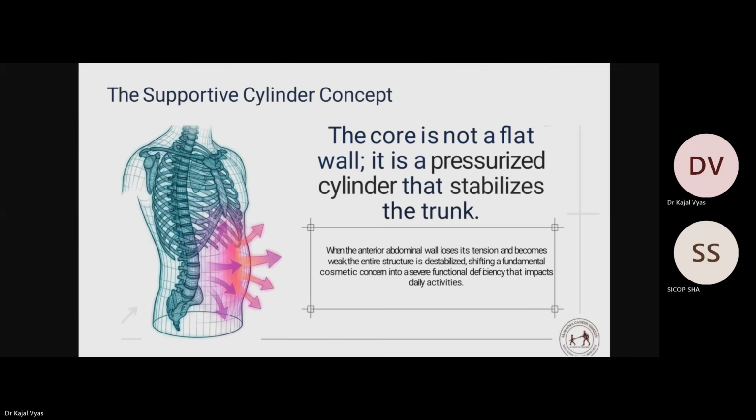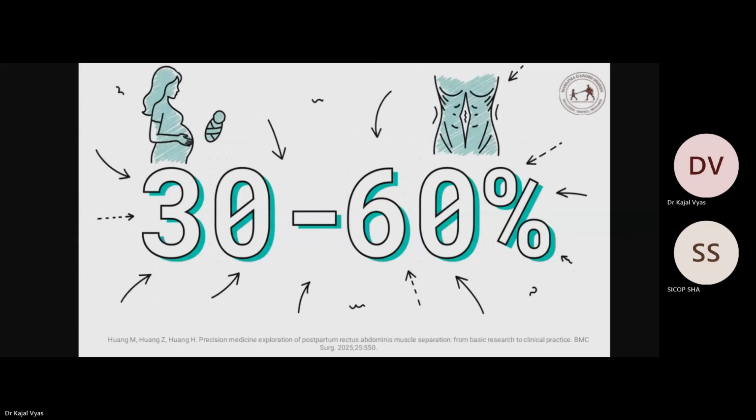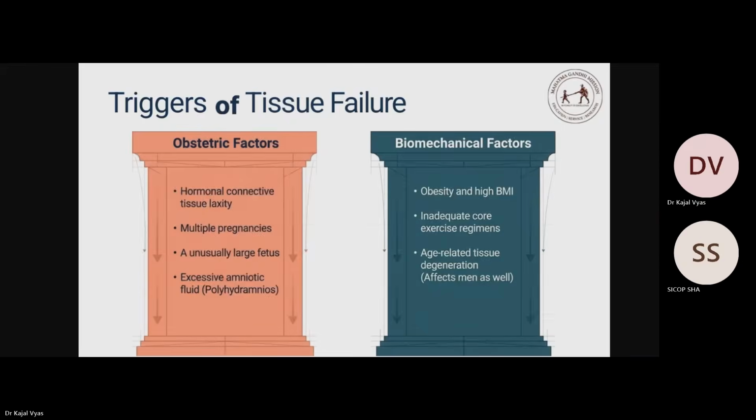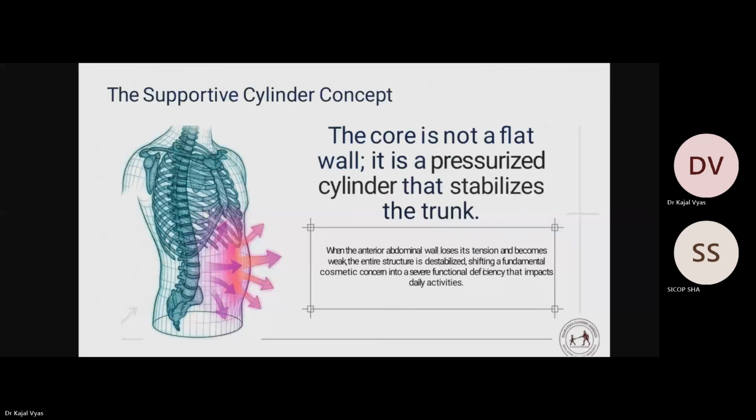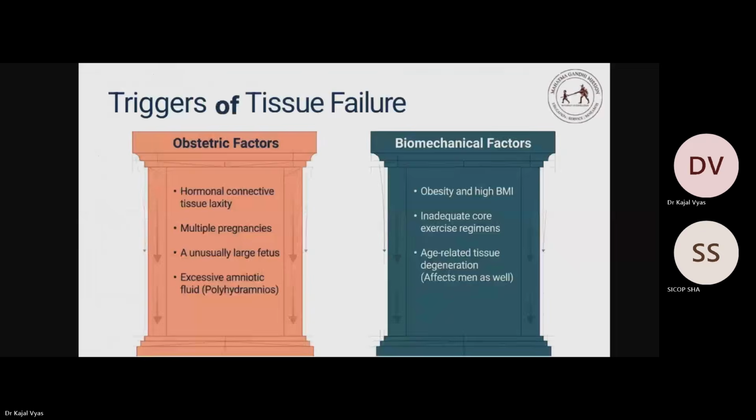Could you please go back and then go forward? Okay, I'll try it once. Now I am on to the next slide. No, there is no change of slide. Yes, the 30 to 60% slide is visible now.